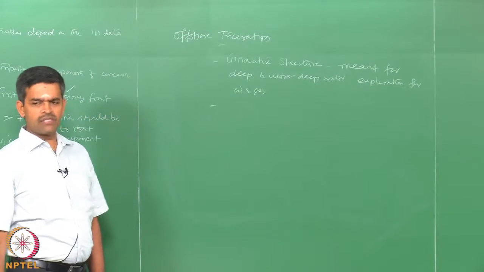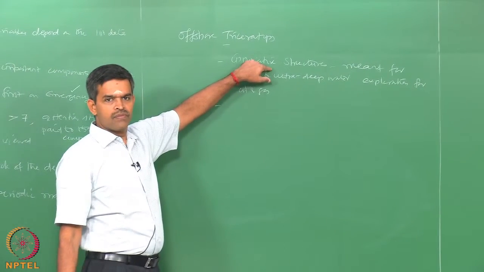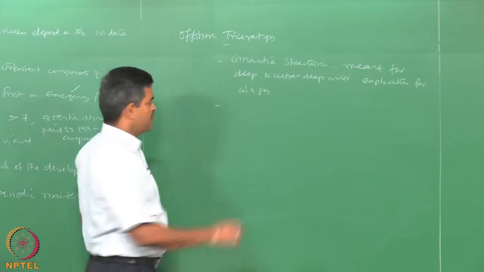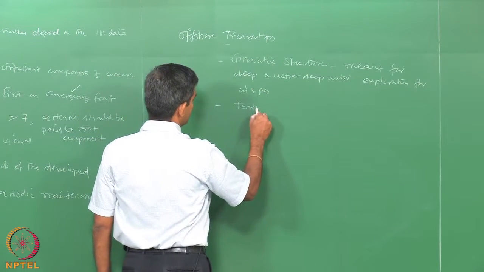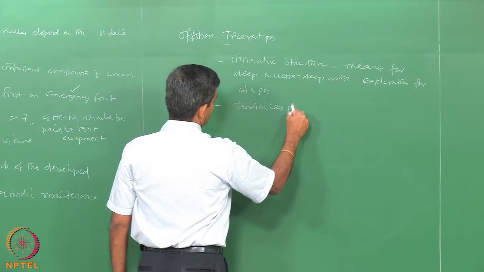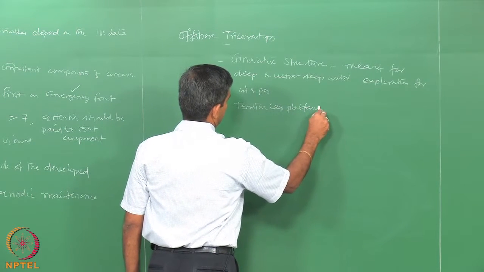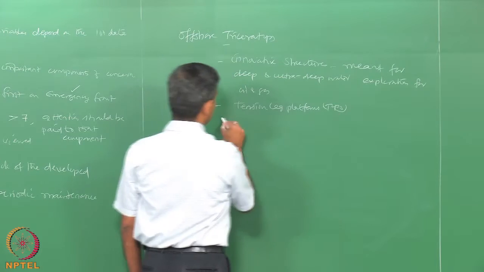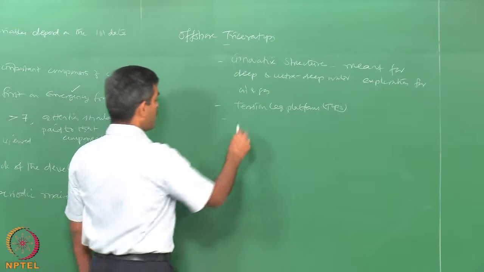There are variety of structures applicable to this particular regime. We can quickly name some of them: tension leg platforms, what we call as TLPs, spar platforms.